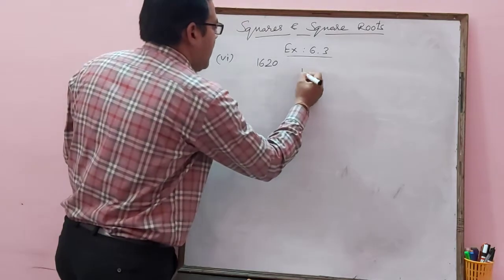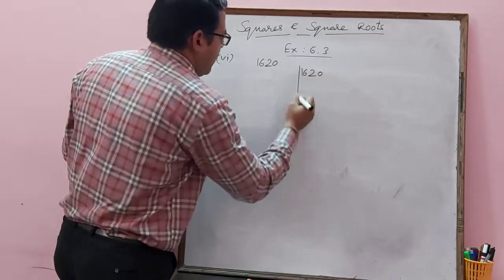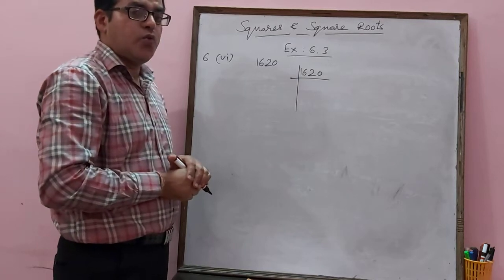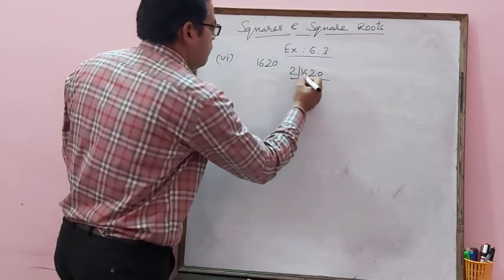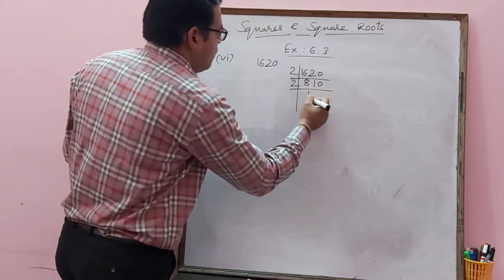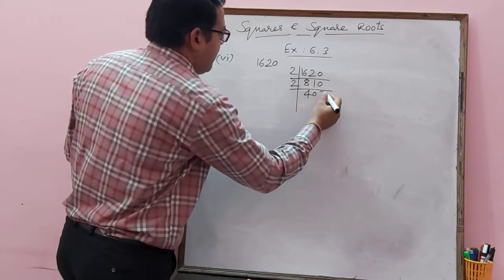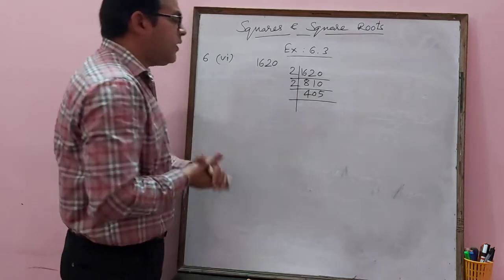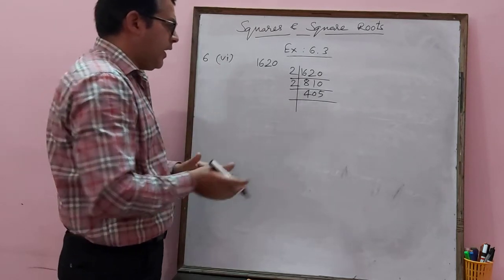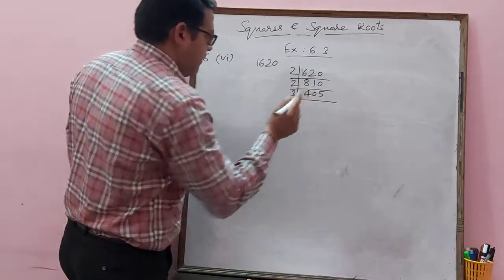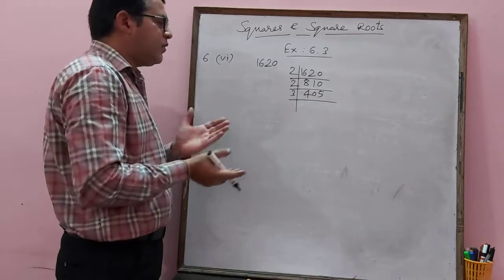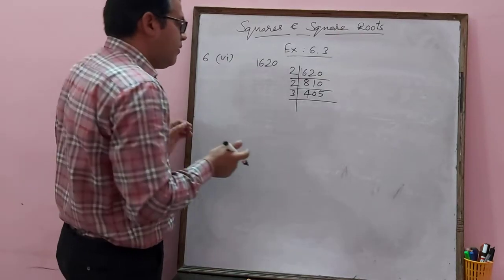As usual we have to take prime factors of 1620. By 2, 810 times. Again by 2, 405 times. Now it is not divisible by 2, so we can divide it by 3. 4 and 5 make 9, and 9 is divisible by 3, so it is also divisible by 3.